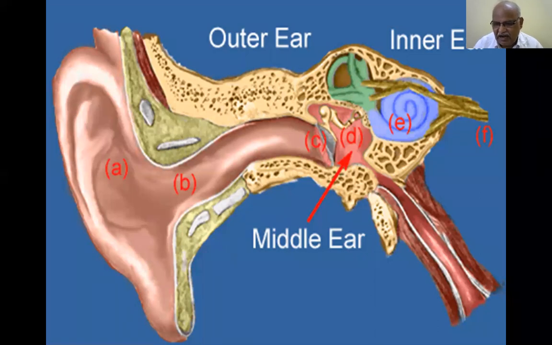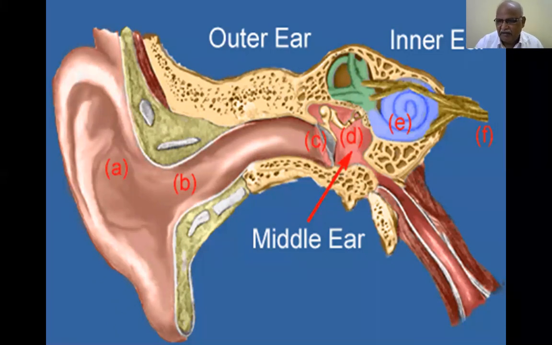It consists of anterior cochlea, middle vestibule, and posterior semicircular canals. Now I am telling you how it is presented in the textbook.